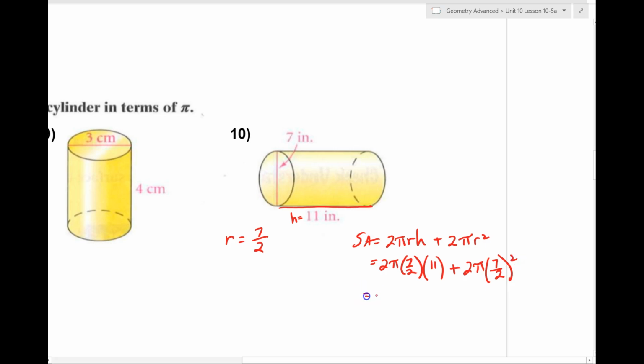All right, so we're going to simplify this. The cool thing is the 2's do simplify out, and so that ends up being 77 pi. On to the right here where we have 2 times pi r squared.